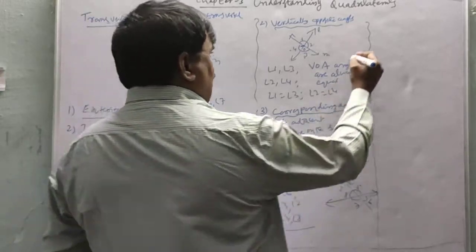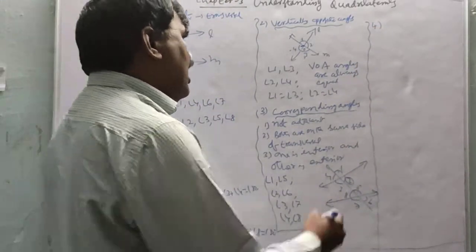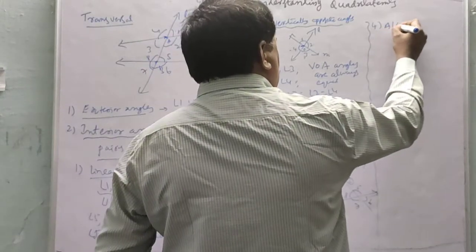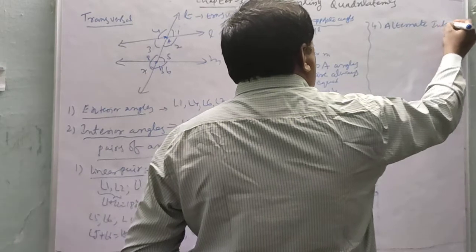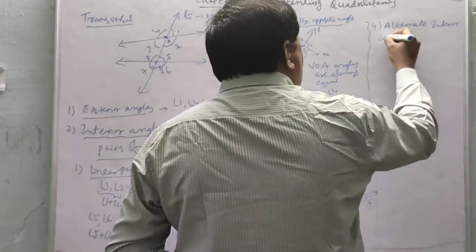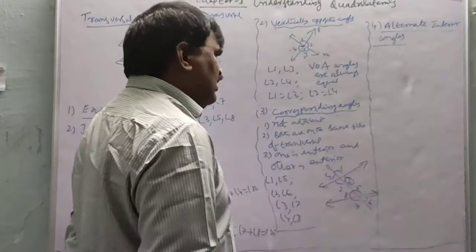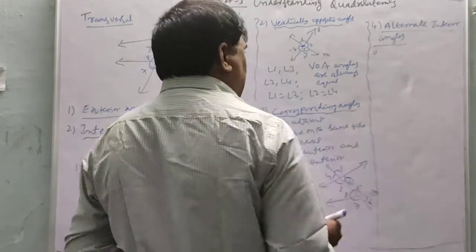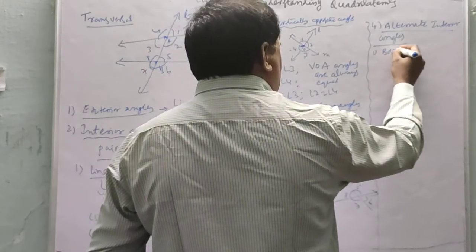So what is the next pair of angles I need? Alternate interior angles. What is the meaning of this? Again, what are the conditions to be satisfied to be alternate interior angles? Both angles are interior.